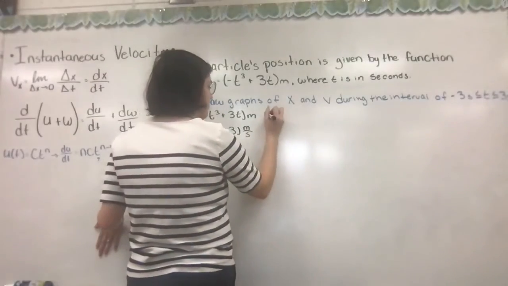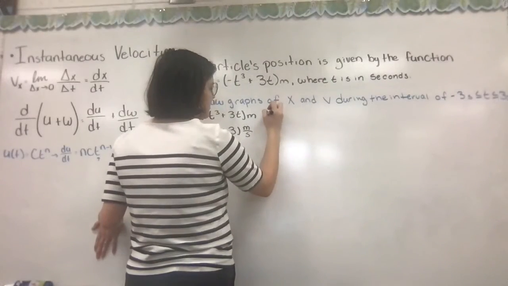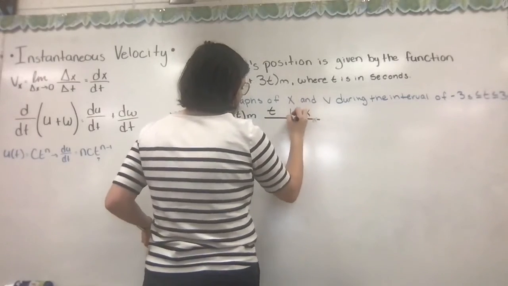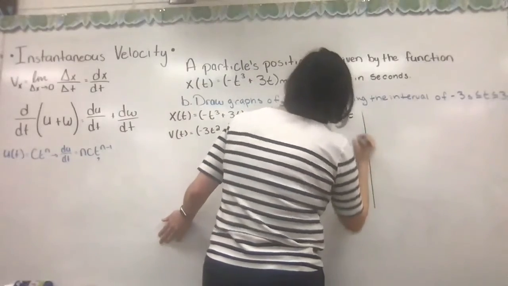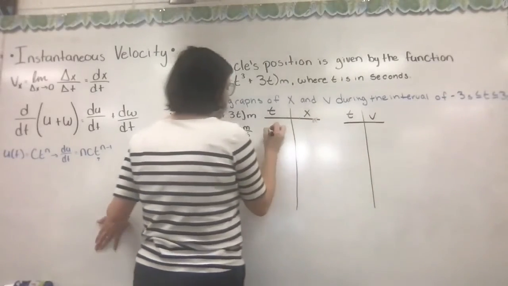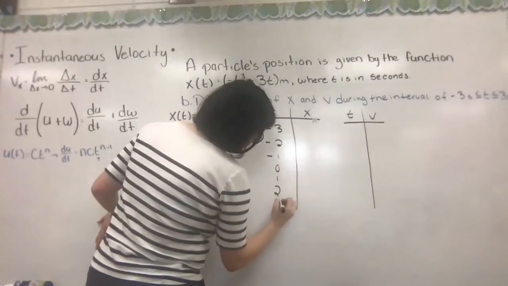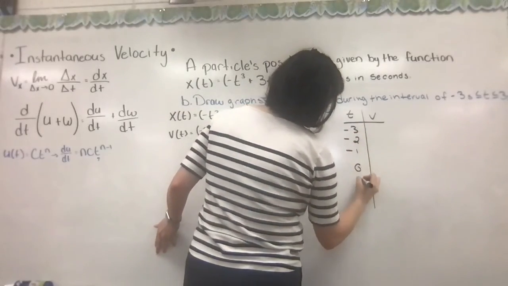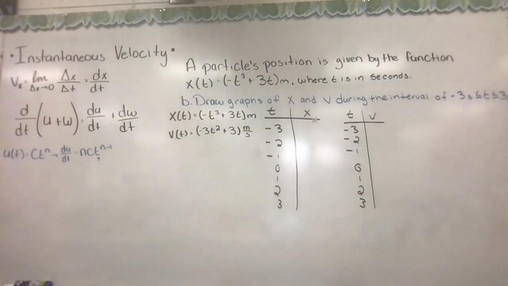And we're doing the time interval from -3 all the way to 3. So we're going to make two things. I'm going to make something for time and position, and we'll have one for time and velocity. So we're going to go -3, -2, -1, 0, 1, 2, 3. All right. Work by yourself or with a buddy to fill in all of those values.